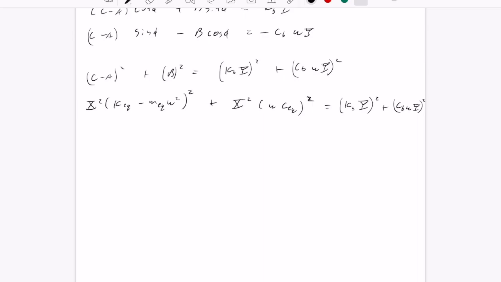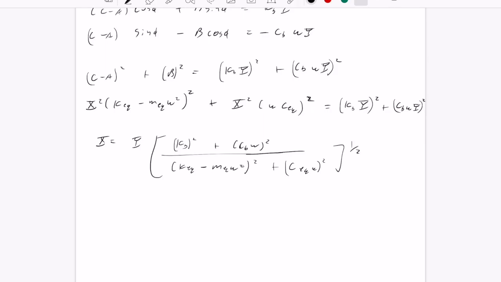Okay, so let's finish solving this, and we're going to end up with x is equal to y times the quantity KB squared plus CB omega squared over KEQ minus MEQ omega squared plus CEQ omega squared, all to the 1/2. Okay?